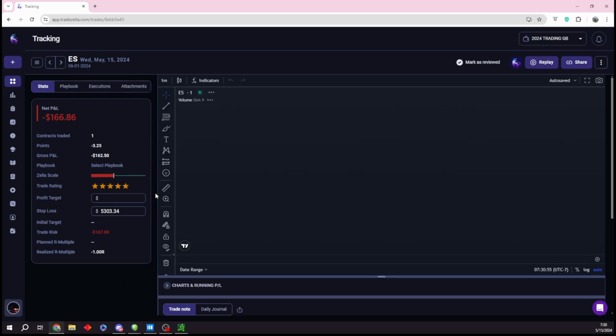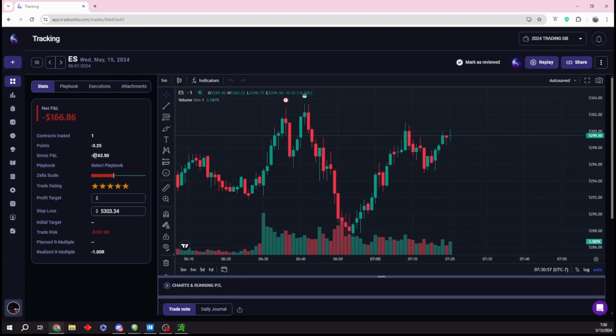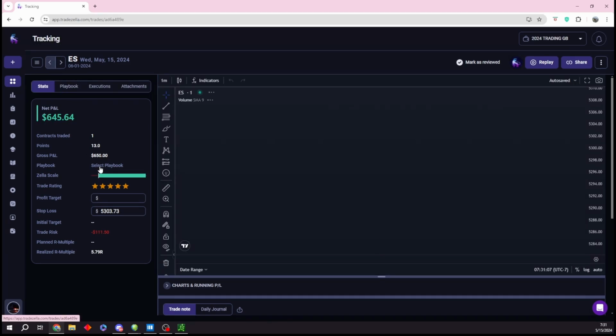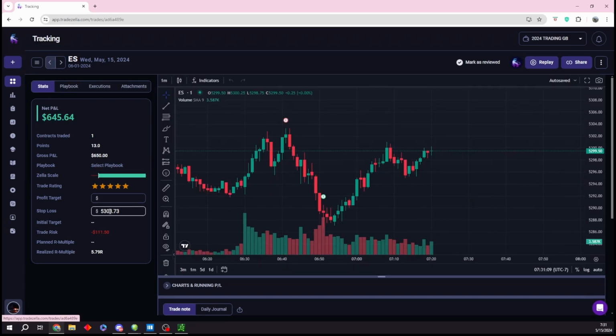You can see the first loss, I lost $162, and that was a 3.25 risk. And comparing it to my winner, this eliminated that loss plus 5 times more off of that. And I was able to net 5.79 R out of it.